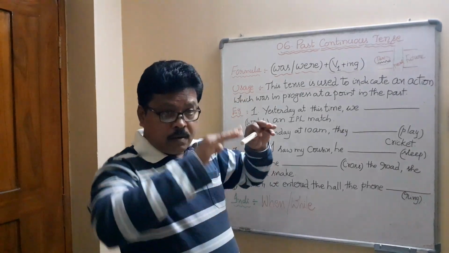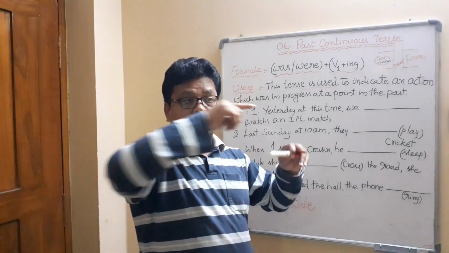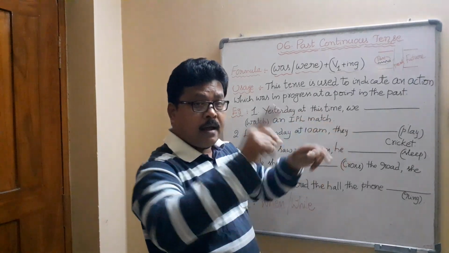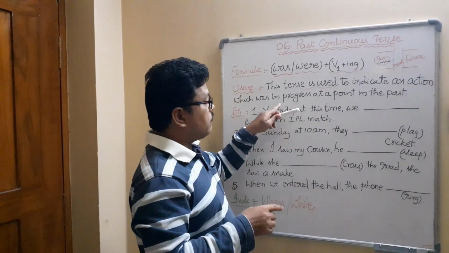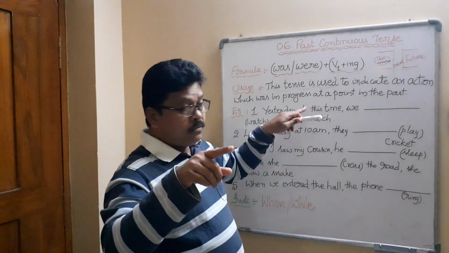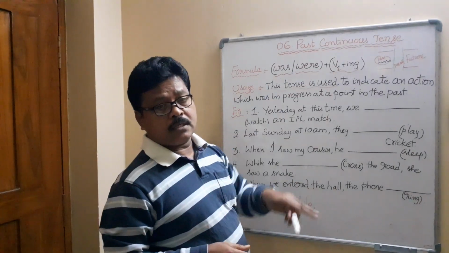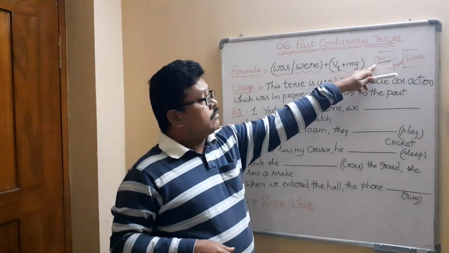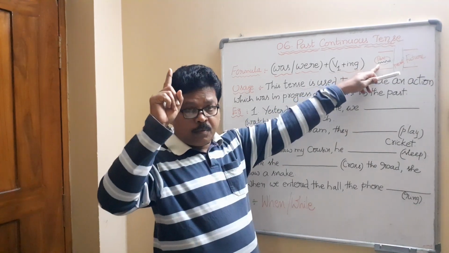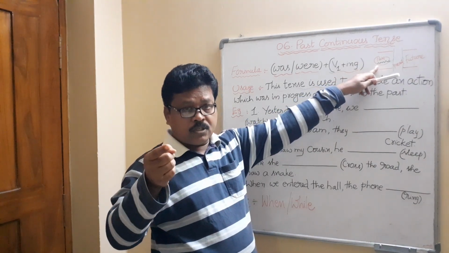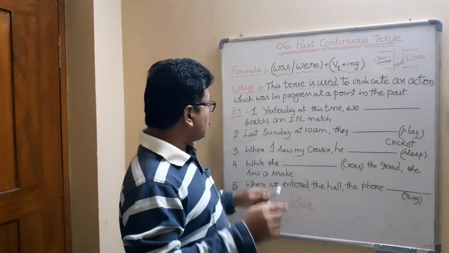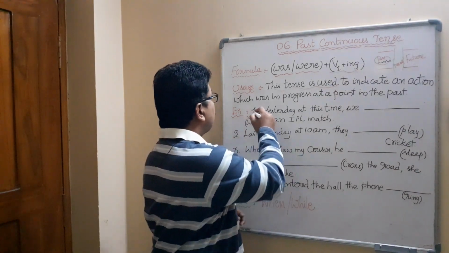It was going on, it was continuing at a point in the past. For such kinds of actions, we use past continuous tense. It was going on at a point in the past, not in the present, not in the future. Past.